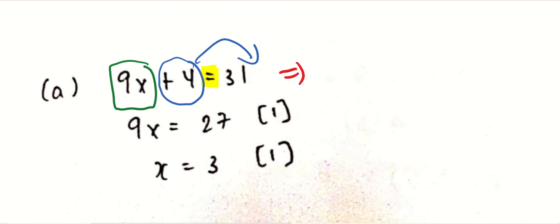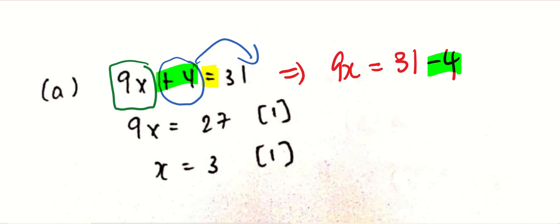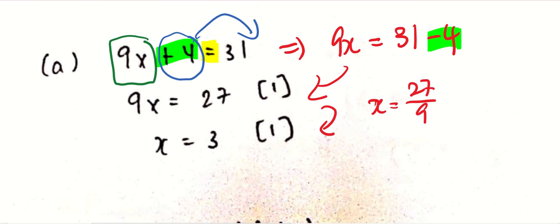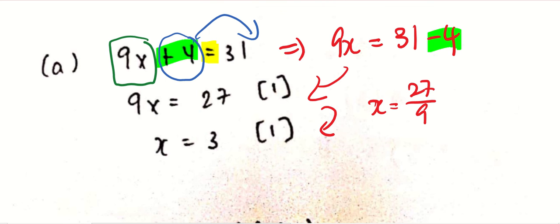When I throw the plus 4 over the equal sign, 9x remains equal to 31, and plus 4 becomes minus 4. So 31 minus 4, you have 27. From here, x equals 27 over 9, and you have 3. Done. Also very simple. You really should be getting all these marks.